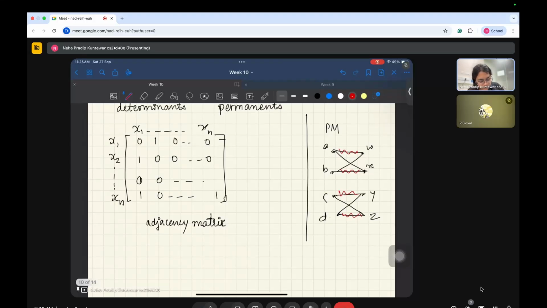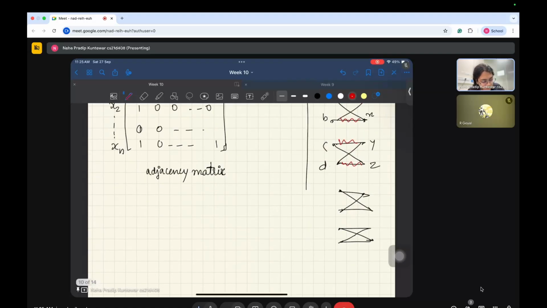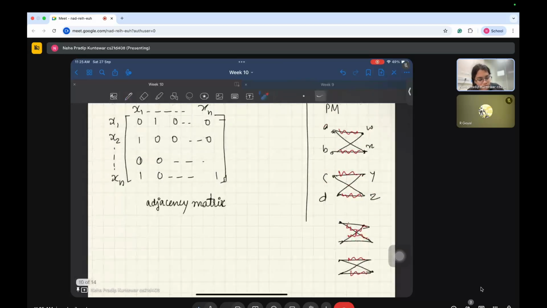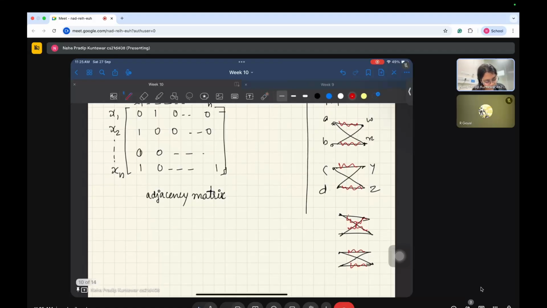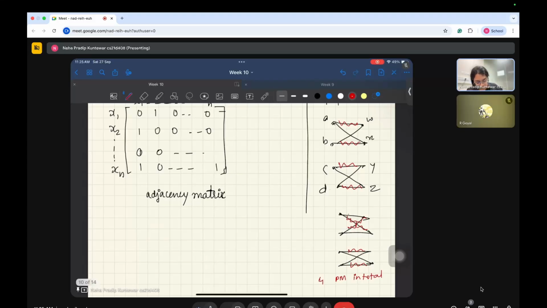The other is that I can choose these two and these two, and similarly for every component, either choose the horizontal edges or choose the cross. Similarly for this, either choose the horizontal edges or choose the cross. So there are two choices for both, so there are four perfect matchings in total. Let me write that.